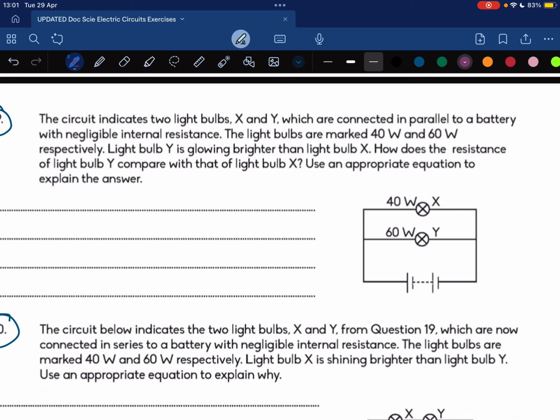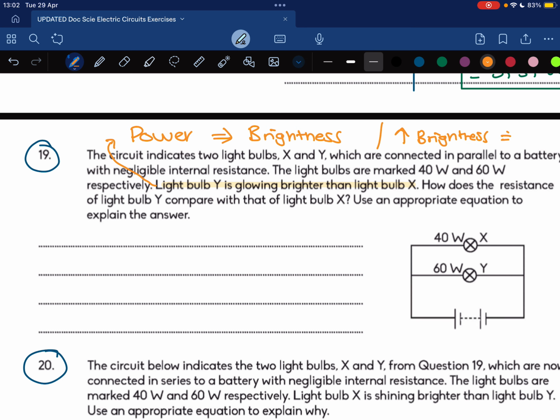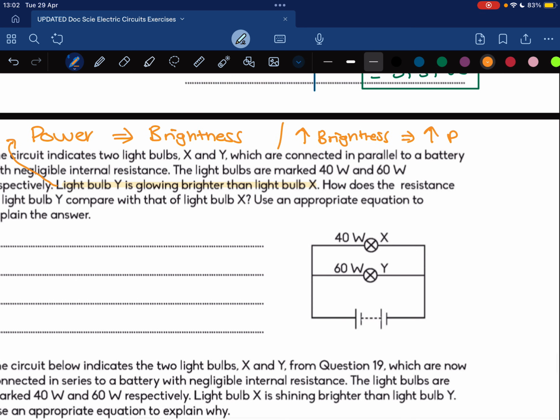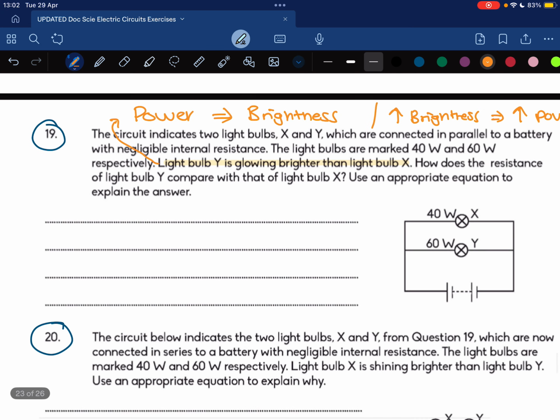You are also told that light bulb Y is glowing brighter than light bulb X. So one thing that I'm going to make note of here, because it's quite important, is that power is directly related to the brightness. So when we talk about something having a high amount of brightness, then we imply that there is more power there. Which makes sense because if something is going to glow brighter, it's going to use more power.